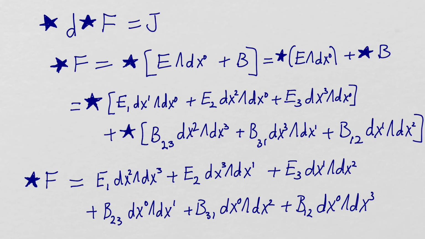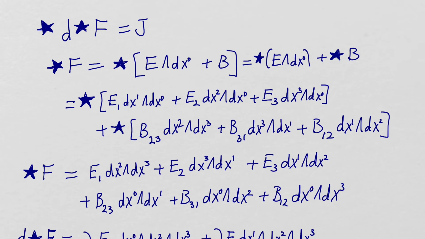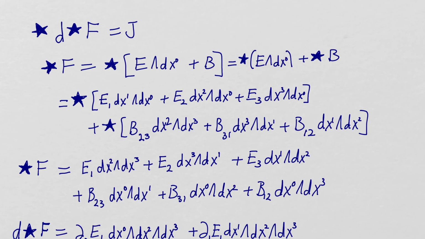It's all familiar, right? The Hodge dual of the electromagnetic 2 form is the Hodge dual of E wedge dx0 plus the Hodge dual of B, because the Hodge dual does distribute over vector addition. When I say vector addition, I'm talking about the vector addition in the vector space of two forms.